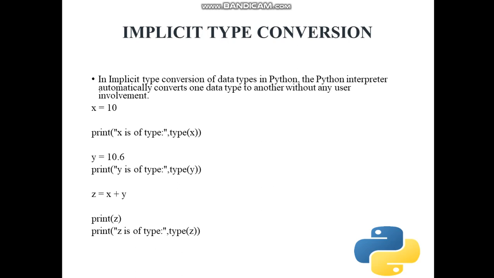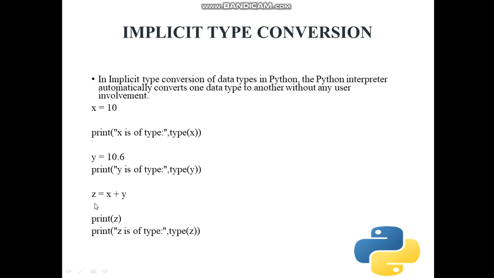Implicit type conversion. In implicit type conversion of data type in Python, the Python interpreter automatically converts one data type to another without any user involvement. So for example, I'm taking x and I'm printing the type of x. It will give me int. y equals 10.6, where I'm printing the type of y, it will give me float. Correct? Then I will write z equals x plus y.